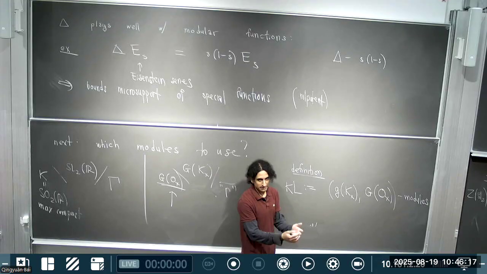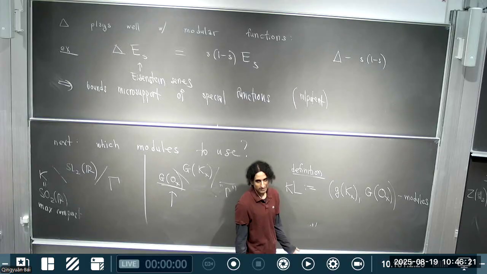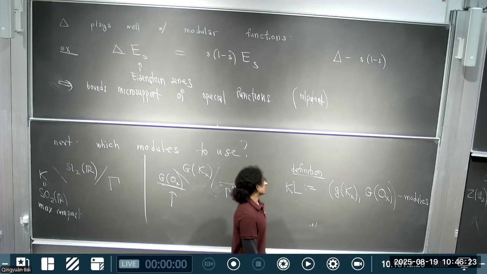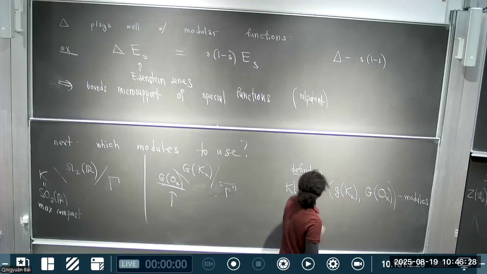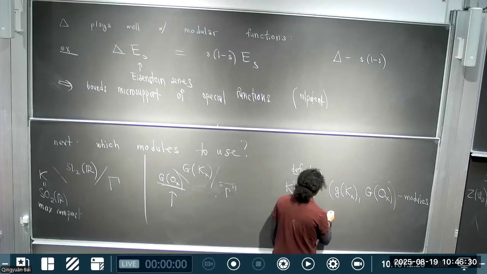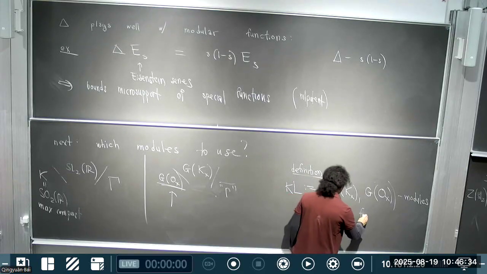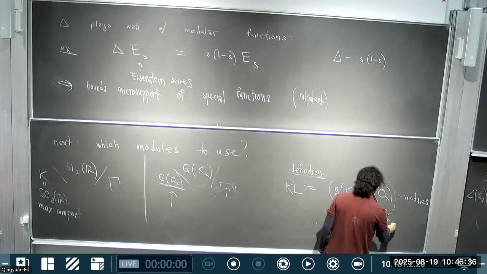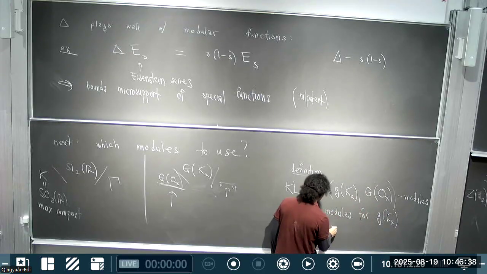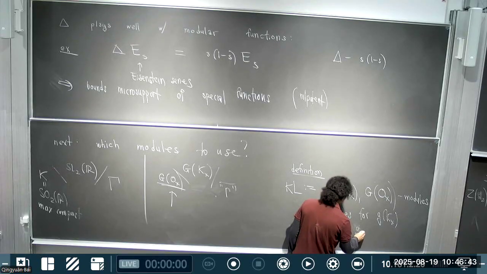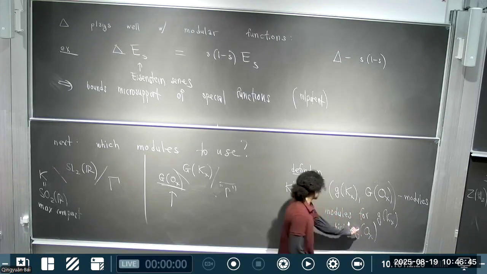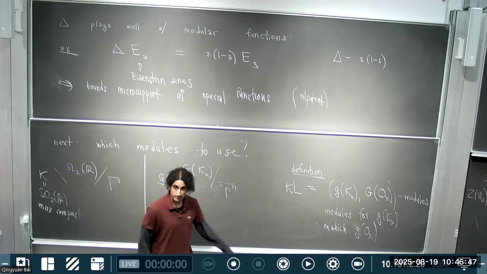It's something like the enveloping algebra for the algebra, and there's a left translation that doesn't integrate. And so the idea is that these are modules for G of Kx, on which the action of the Lie algebra integrates.